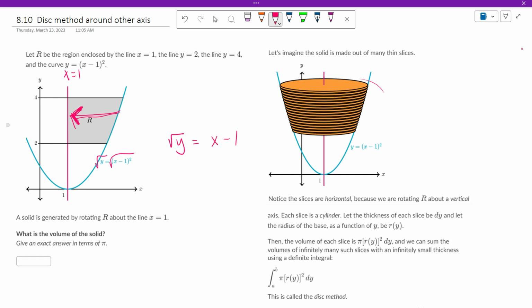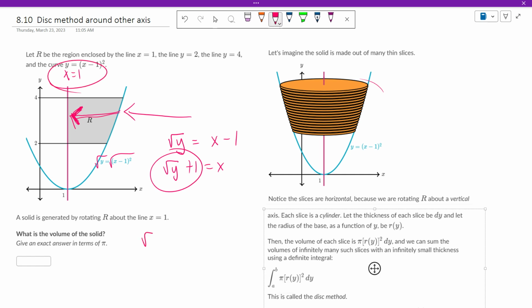If we move the 1 over, the square root of y plus 1 equals x. Then what we do is take this minus this. So it's the square root of y plus 1 minus 1.